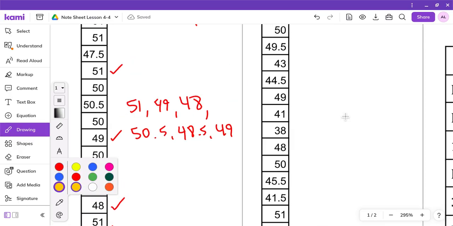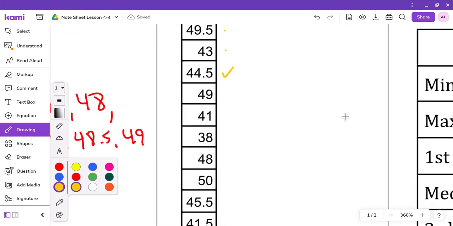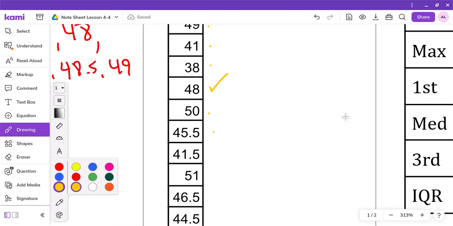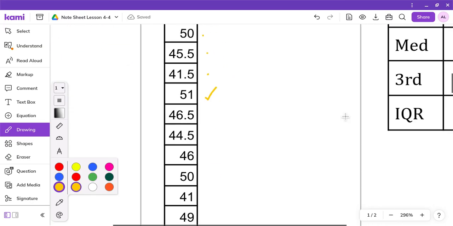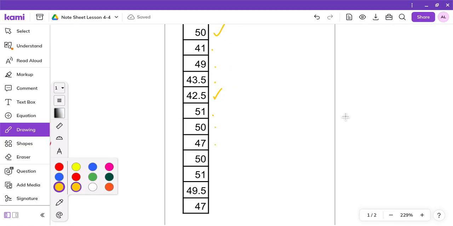Now the other data set, every fourth, here we go. 1, 2, 3, this one. 1, 2, 3, this one. Okay, here we go.